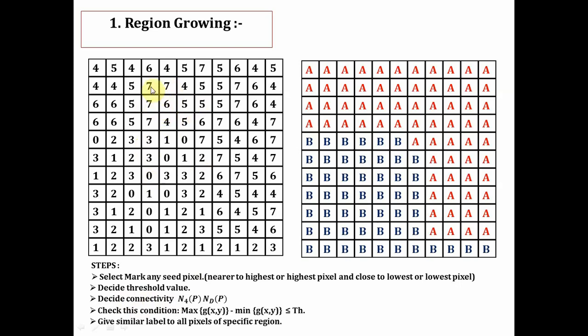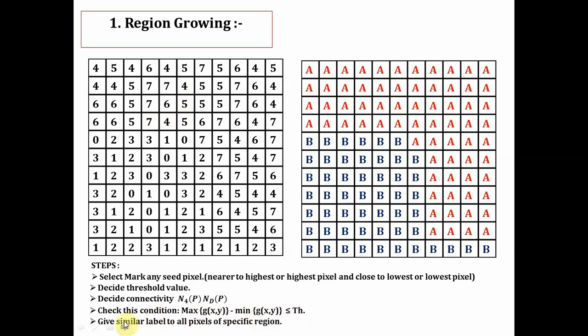Then you need to consider the diagonal connectivity, 7, 4, 7, 5, and the union of 4-point connectivity and diagonal connectivity will be the 8-point connectivity. And you need to satisfy the condition, that is maximum intensity value minus minimum intensity value less than threshold. It is not actually the intensity value, it should be the seed pixel value.